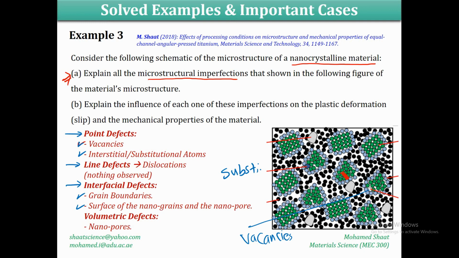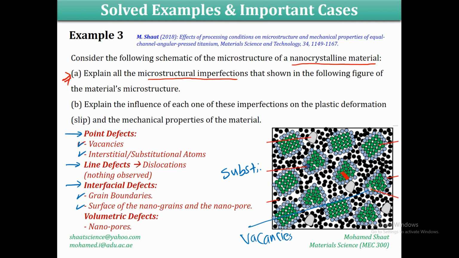So in the conventional polycrystalline material, if you compare the fraction of grain boundary inside the microstructure to the grain itself, it is very negligible. The grain boundaries are very, very negligible in comparison to the grains themselves.